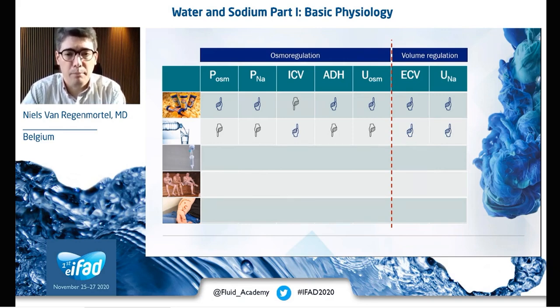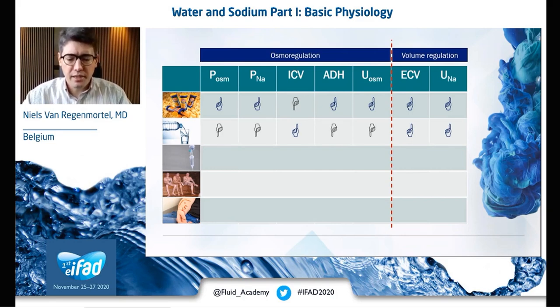At the same time, by the action of ADH, urinary osmolality will also reduce. On the volume regulation side, we see that the extracellular volume increases, and again less need for aldosterone will cause urinary sodium to increase.